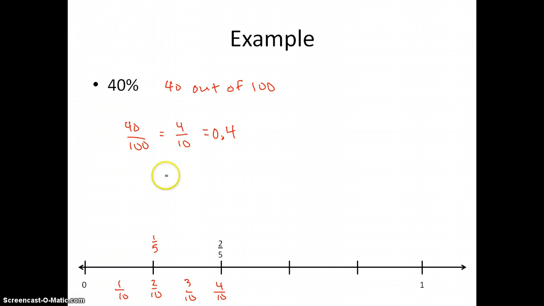And so by reducing this, 4/10 can also be called 2/5. So now we've gone from 40%, which is 40 out of 100, to 4/10 because of equivalent fractions, and also by equivalent fractions, 2/5. So 40% is the same as 4/10 is the same as 2/5.